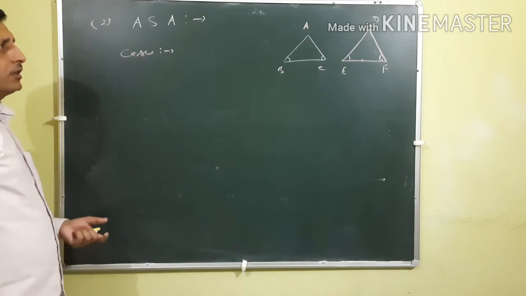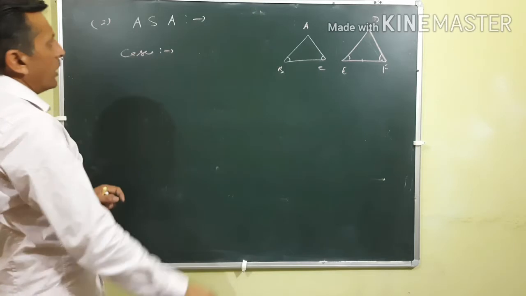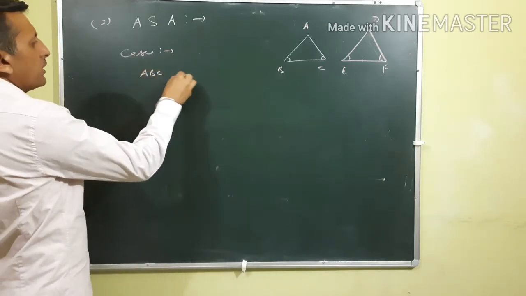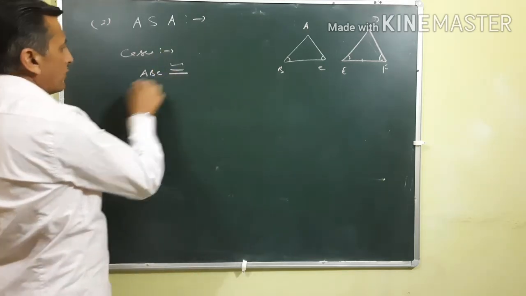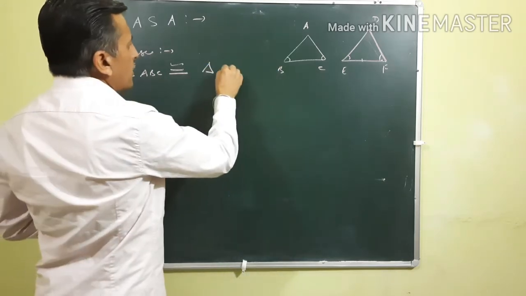It's not necessary that all the sides are equal. So if they all are equal, then you can say triangle ABC, using the symbol for congruency, is congruent to triangle DEF.